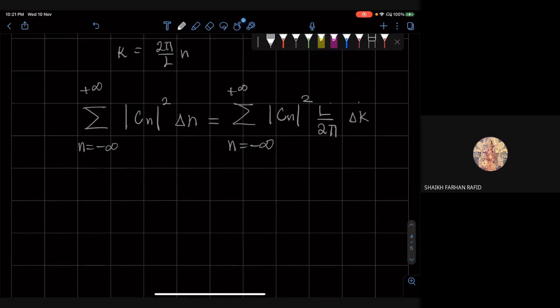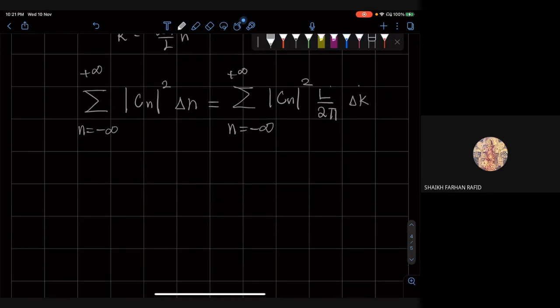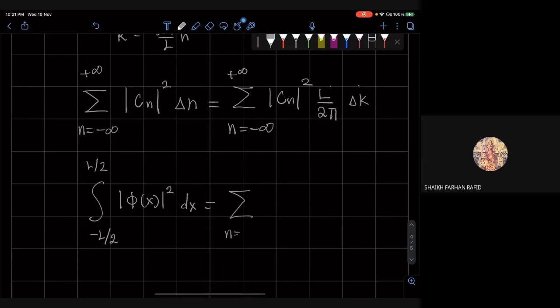Okay? So now Parseval's formula looks like integral from minus L by 2 to plus L by 2. There was a 1 over L here, but we can take it to the other side. If I take it to the other side, now there's a sum over n from minus infinity to plus infinity.